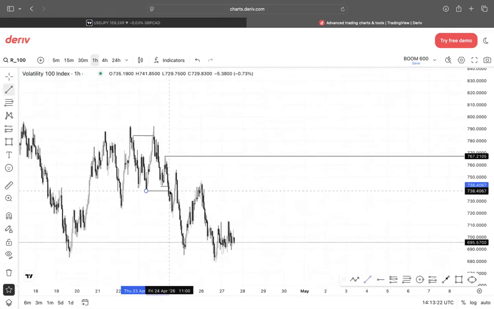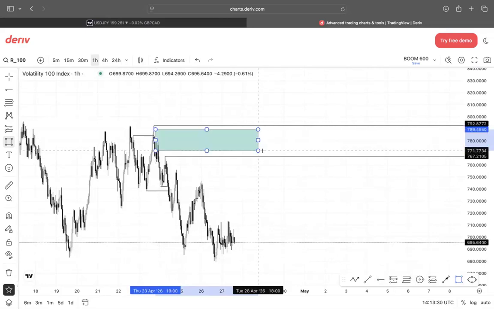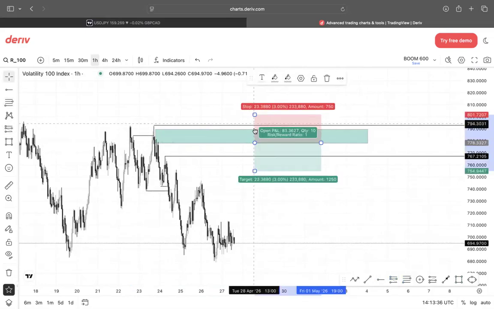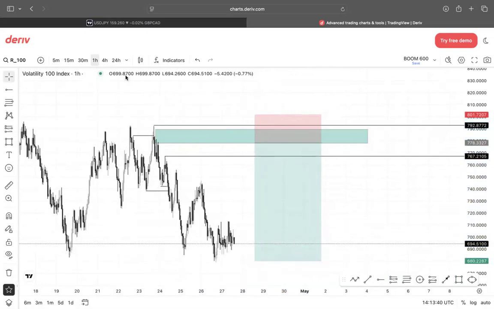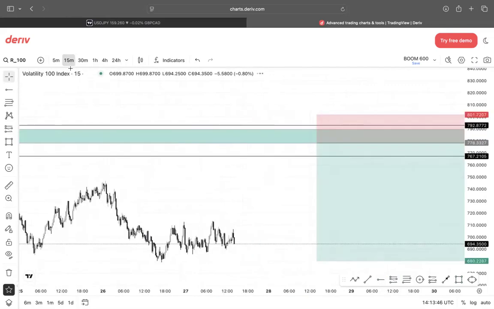So this is the type B of our setup. We are basically expecting price to come here, give us a valid confirmation, and then we enter to the downside. If you go to the lower time frame, the structure is very clear. So let's do that.